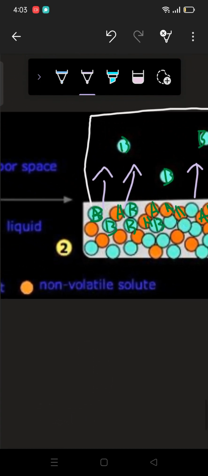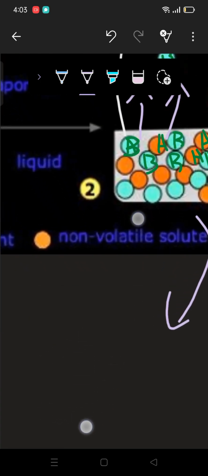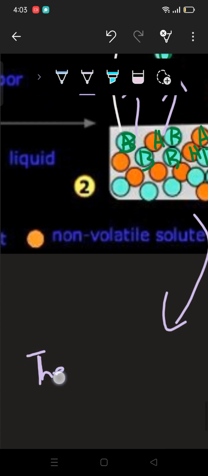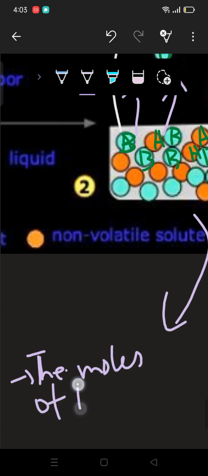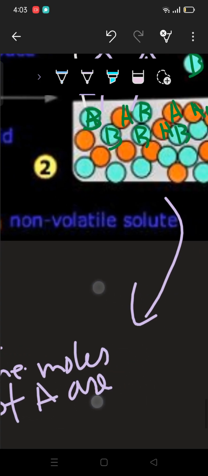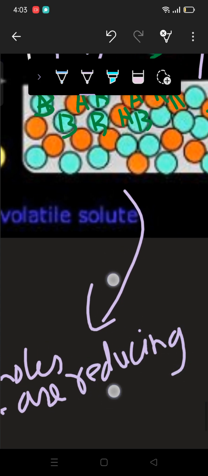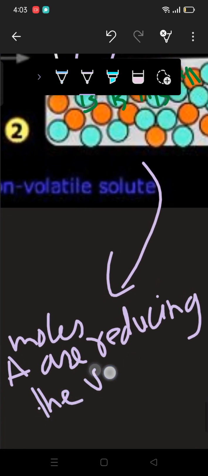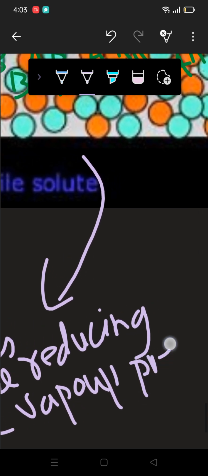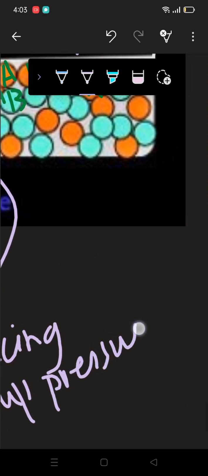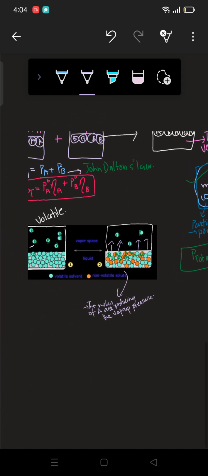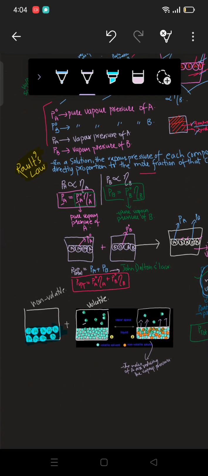So what are they doing? The molecules of A are reducing the vapor pressure. So whenever we mix volatile with non-volatile, the vapor pressure is reduced. When we mix volatile with volatile, the vapor pressure is increased.